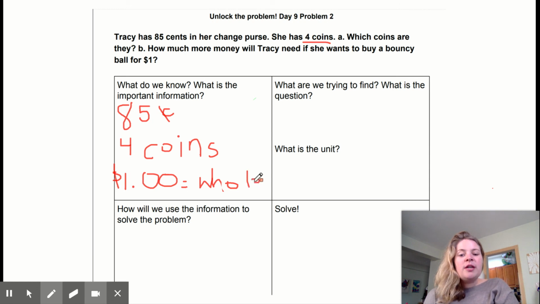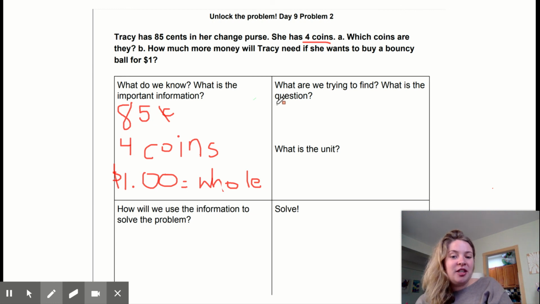Well, what are we trying to find? Or what is the question? We're trying to figure out which coins she has. And we're trying to figure out the difference between 85 and 100. So if we're trying to figure out which coin she has, that's part 1.